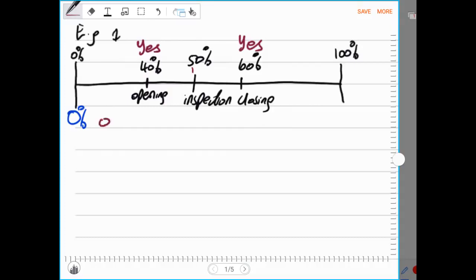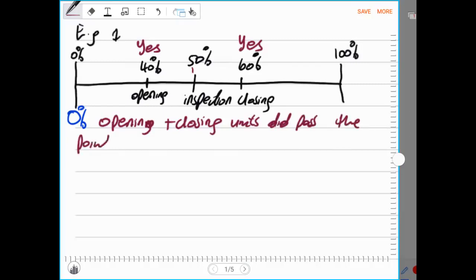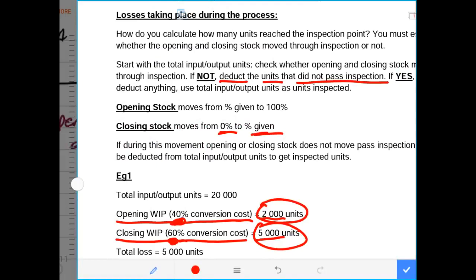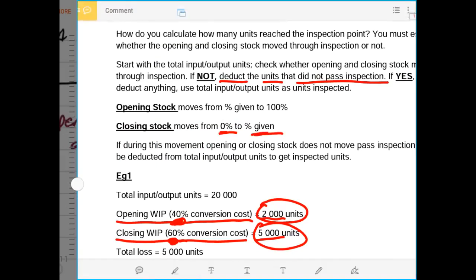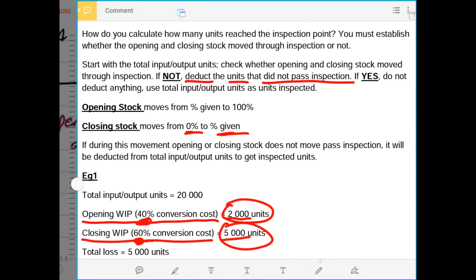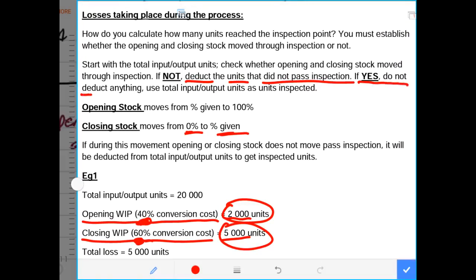That means we can say opening plus closing units did pass the point of inspection. And if the answer is yes, it means we don't do anything. There is our statement: if yes, do not deduct anything.